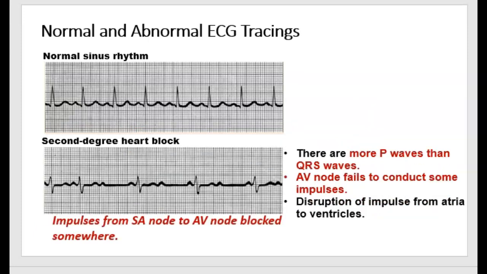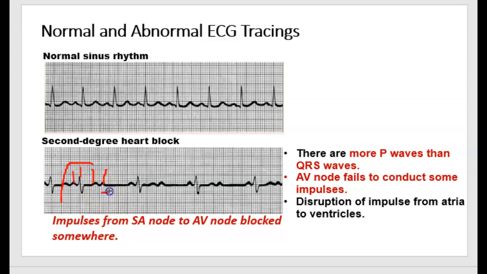Here's another example of an abnormal ECG tracing. In this case, there are more P waves than QRS waves. So I'm going to start right here, and I see a nice P, QRS, T, then a P. Oh, whoops, where's the QRS?